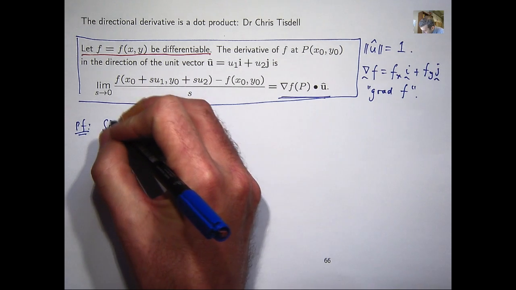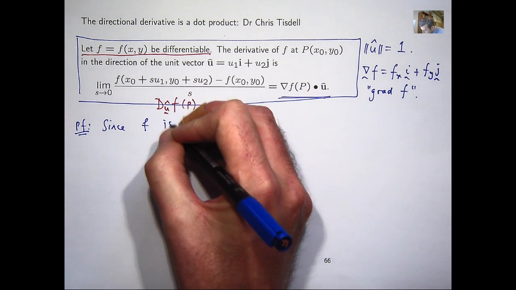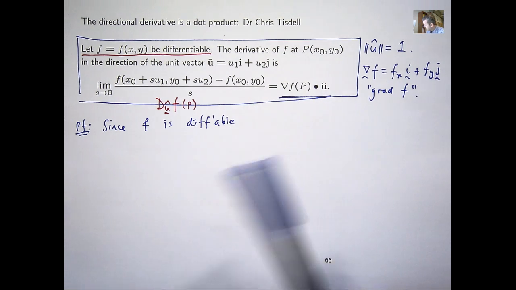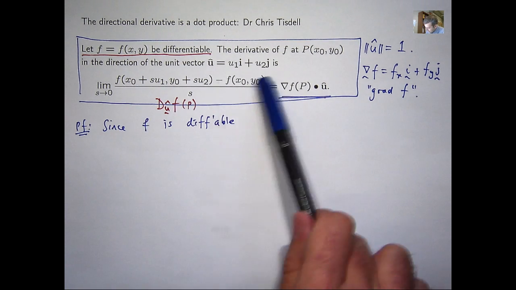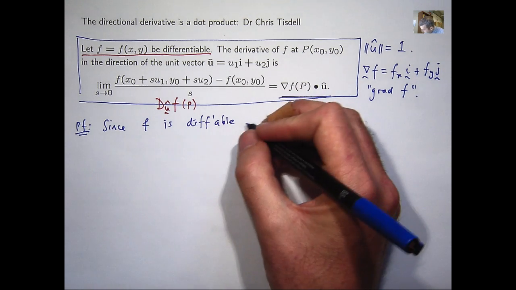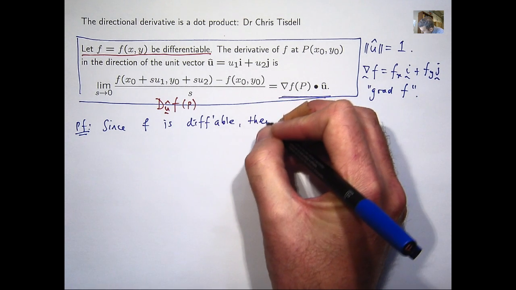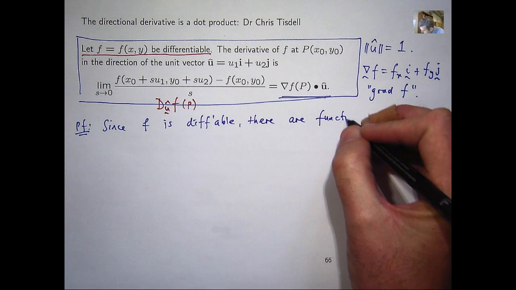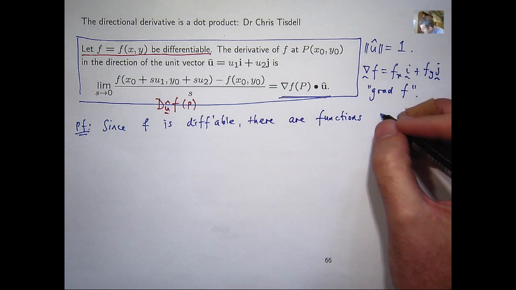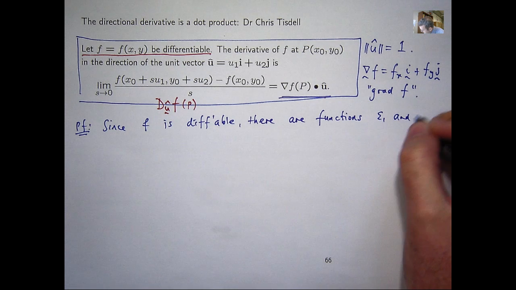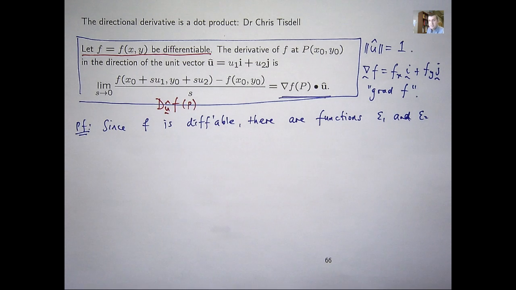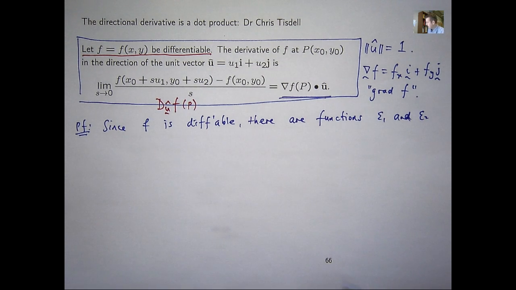Okay, so since f is differentiable, we can write this difference here in the following way. Essentially, we can write this difference in terms of partial derivatives and certain functions epsilon sub 1 and epsilon sub 2.